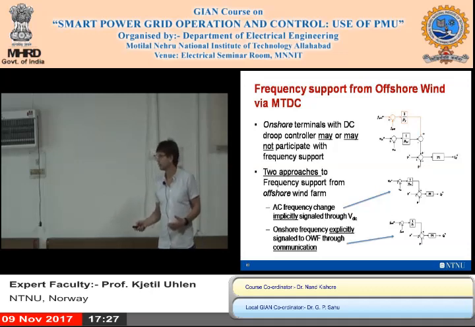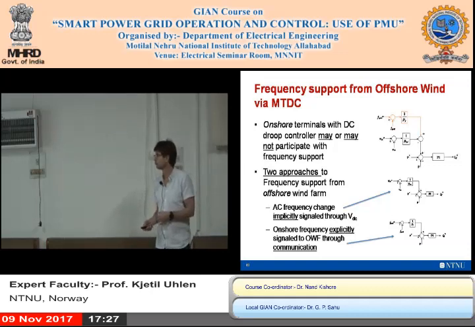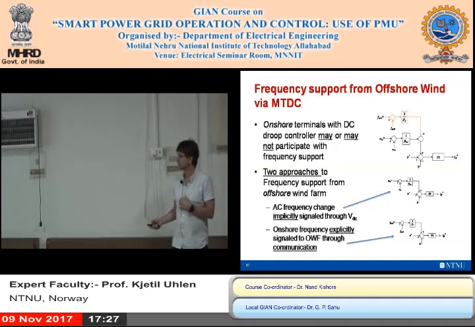The other, that the onshore frequency is explicitly transmitted to the offshore wind farm through a communication network. That gives two different control implementations. One is based purely on the local measurement of DC voltage. The other one is based on the transmitted measurement of frequency in the onshore grid.